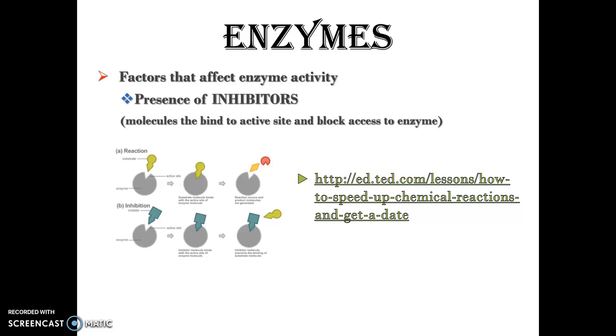The last thing I want to talk about here is the presence of inhibitors. An inhibitor is a molecule that binds to the active site of the enzyme and blocks access to the enzyme, meaning that the substrate cannot fit into the enzyme and get broken down. You can see here in the picture what is happening. Right here is our substrate.